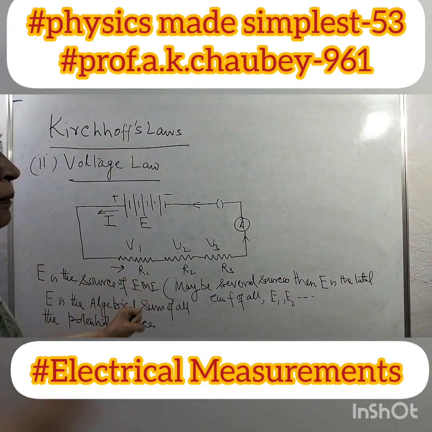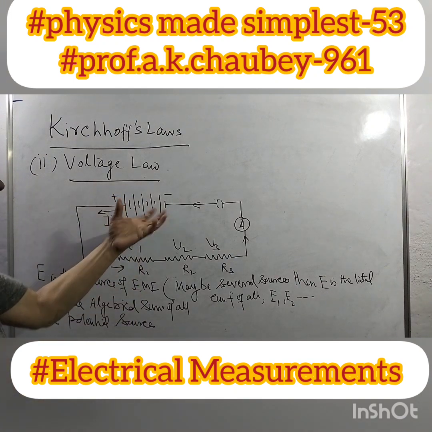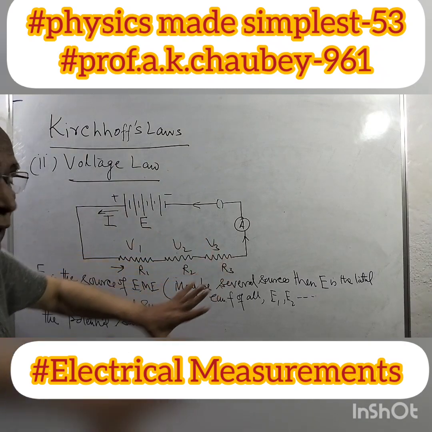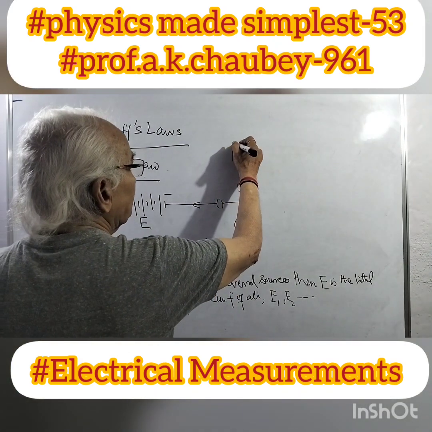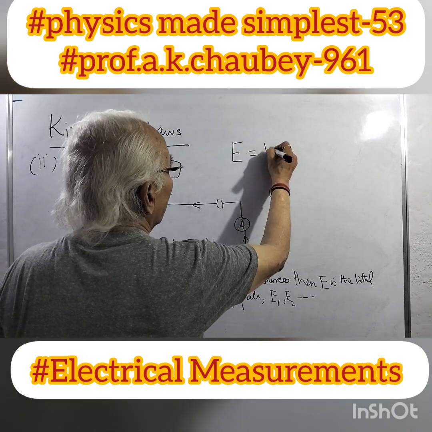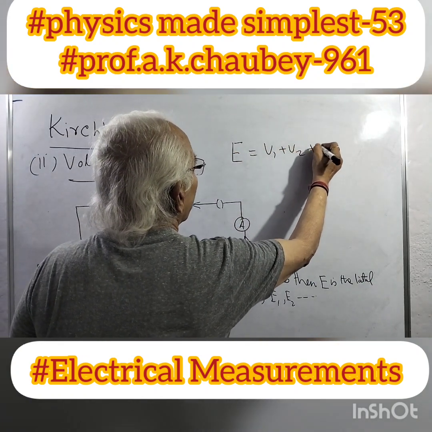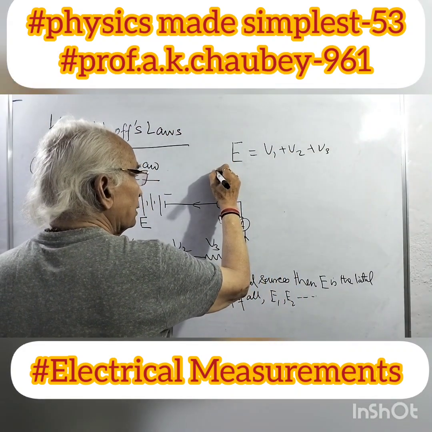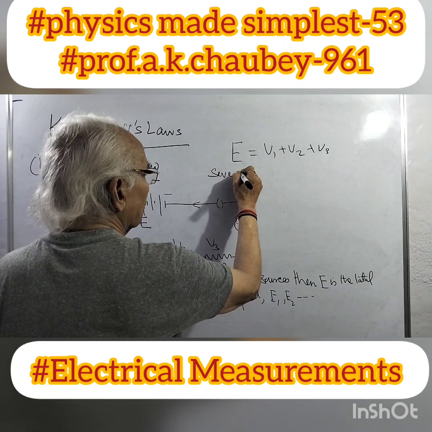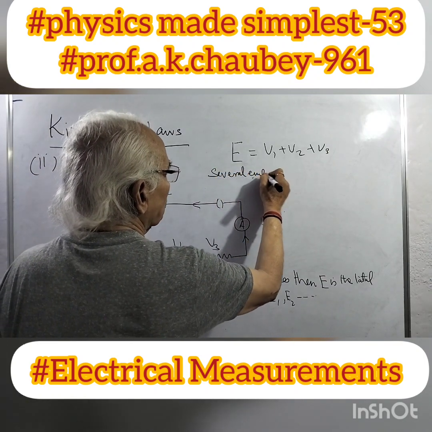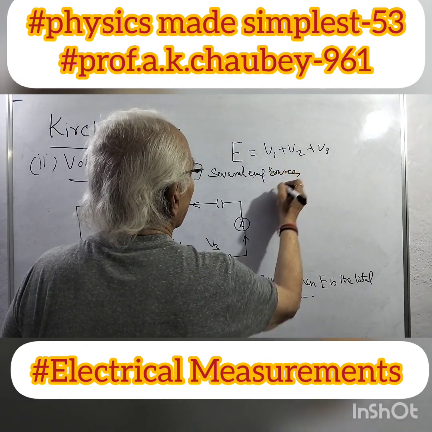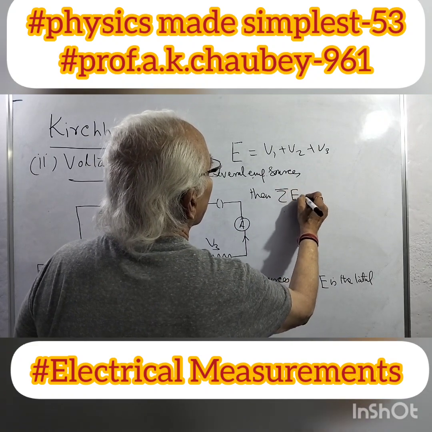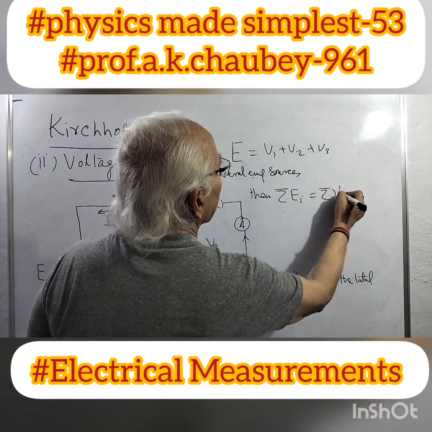Then the total EMF applied is the EMF which is giving this voltage. So obviously the total EMF must be equal to the total voltage. That is, E must be equal to V1 plus V2 plus V3. Or if there are several EMF sources, the summation of Ei must be equal to the summation of Vi.